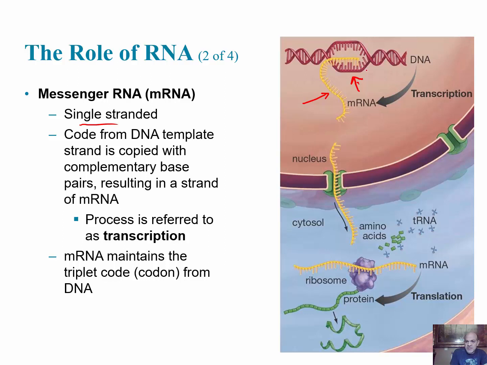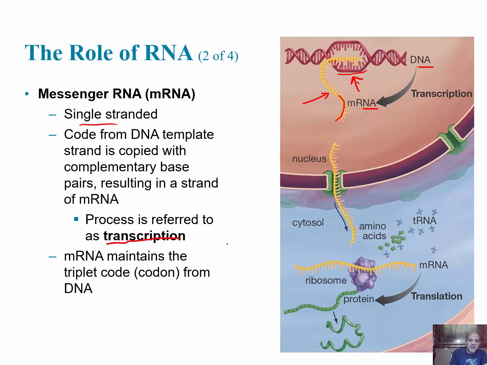Whatever the sequence is for this template strand of DNA, the complementary bases will be placed on that mRNA. So the mRNA would be carrying that code. Since this is the same biochemical language, a nucleic acid language, we are basically making what's called a transcript of that message in this mRNA. So we're going to call this process transcription.